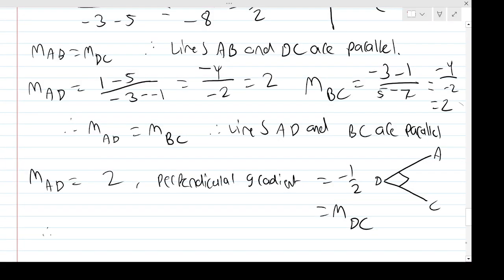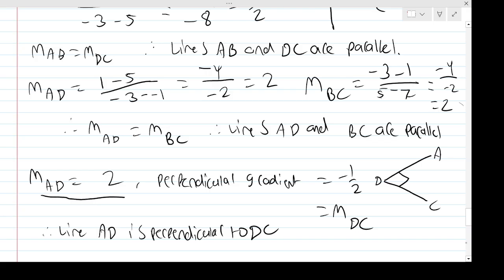Therefore line AD is perpendicular to DC, because the gradient of AD is 2, and that's the negative reciprocal of the gradient of DC. So DC and AD are perpendicular.